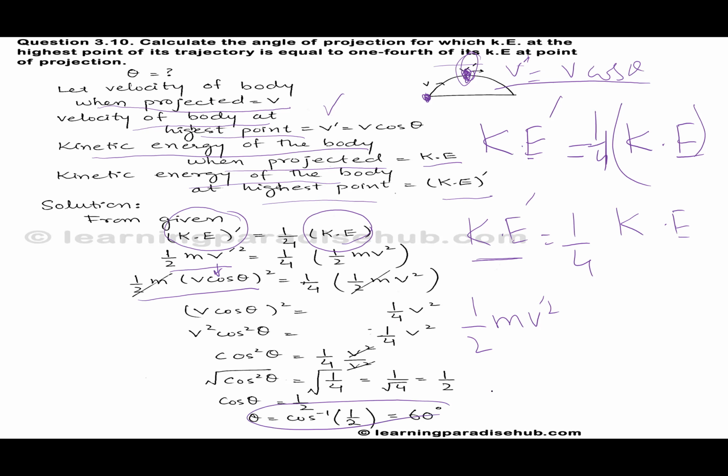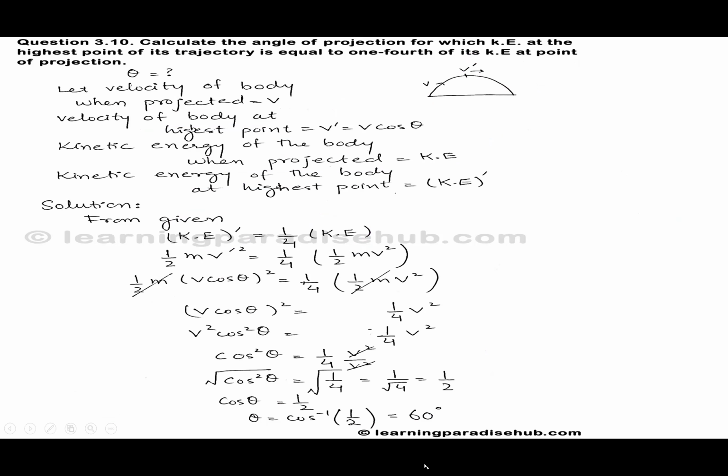I will explain only one point. This point has two components: horizontal component, which is v cos theta, and vertical component, which is 0, vy, vx.